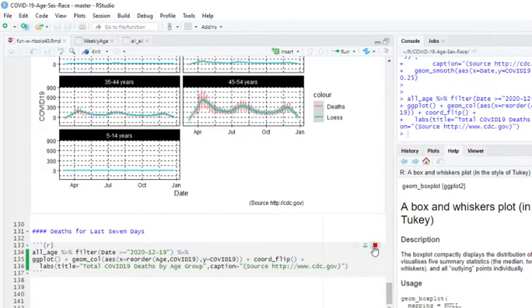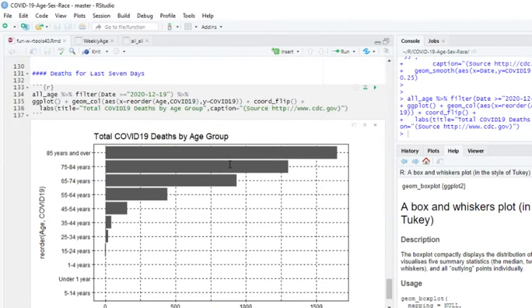Now, what about deaths by age group for the previous 7 days?